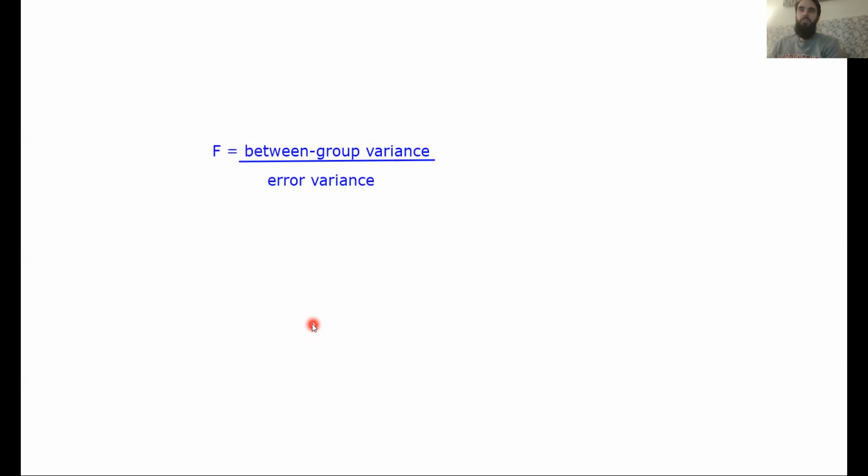So even though when the means are exactly the same, there's no between group variance, there's still variance in these groups, and that's what the error variance is. There's still variability in the responses that produce these means.